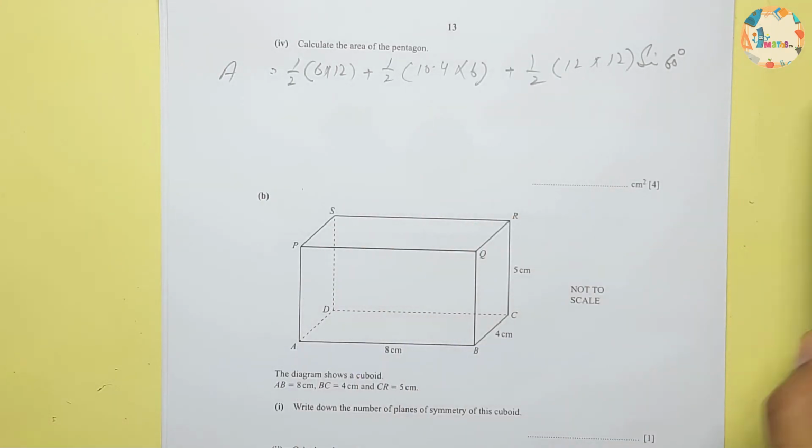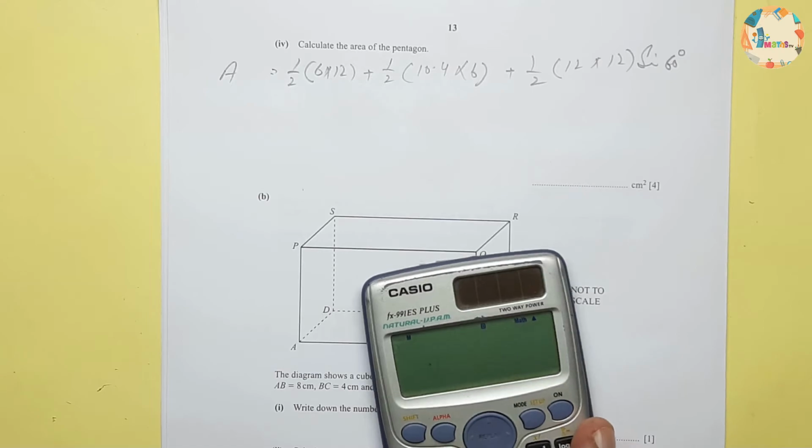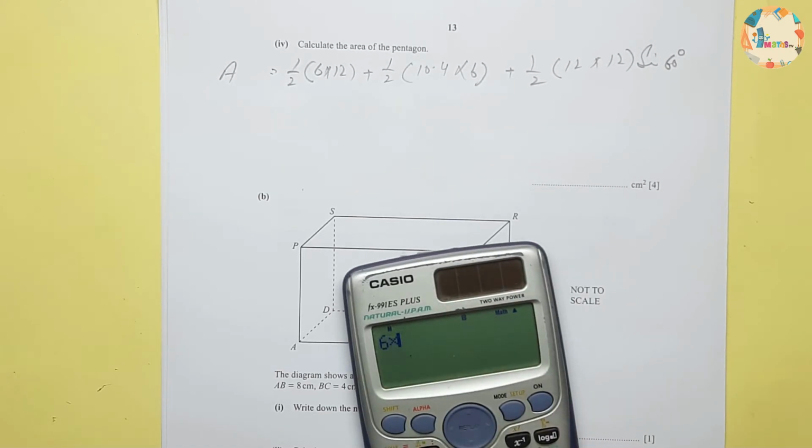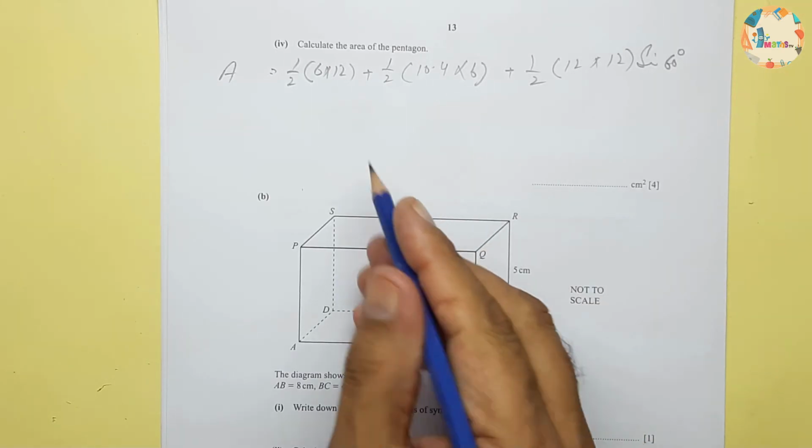So if we simplify this, this will be 6 into 12, divided by 2, which will be equal to 36.